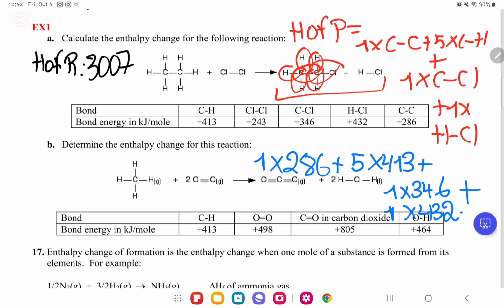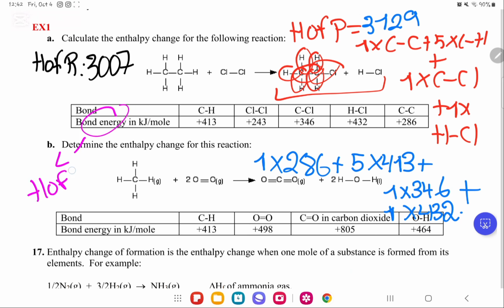So if we do it on the calculator, 1 times 286 plus 5 times 413 plus 1 times 346 plus 1 times 432, we are gonna get 3129.